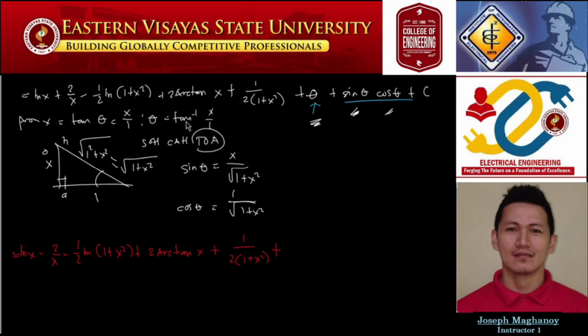Remember, we have the inverse tangent of x over 1, so we can write it as arctan x, since x over 1 is still x.